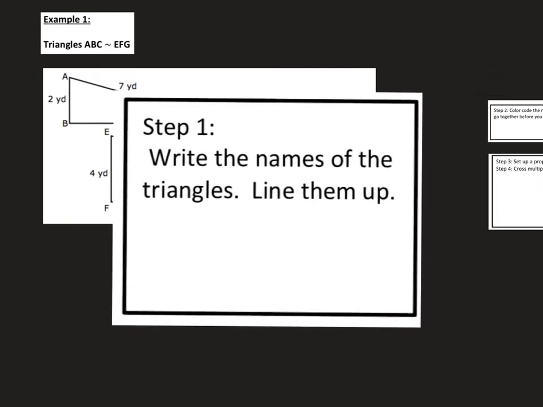Okay, so at the top, I have ABC as one triangle, and then the other one is EFG. So the order that those letters are going in, I have A, then I have B, and then I had C. I'm going to go in the same exact order with the name of the second triangle. It was called EFG.